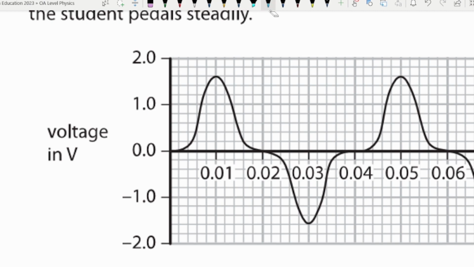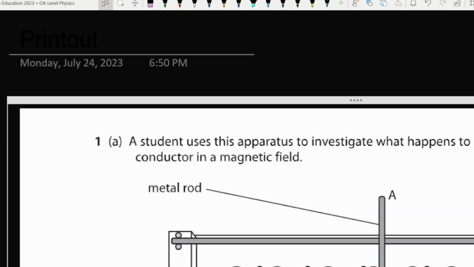You have 1 volt here and 2 volt here, and between 1 and 2 volts you have 5 small blocks. That implies each block is representing 0.2. So here you have 1.2, 1.4, and this one would then be 1.6. So you can write here, this one is 1.6.